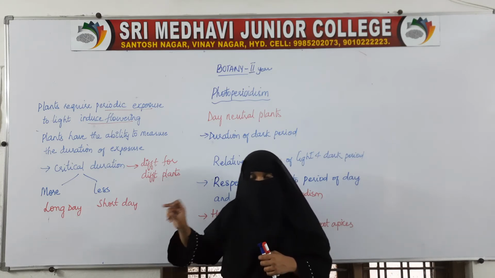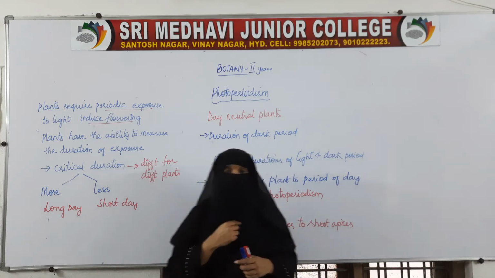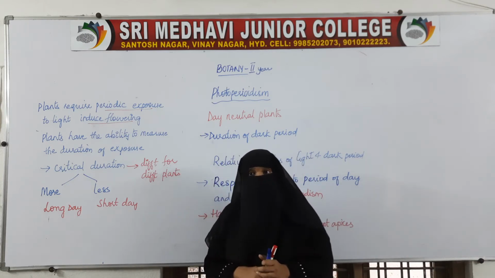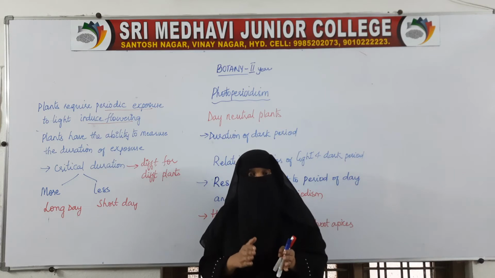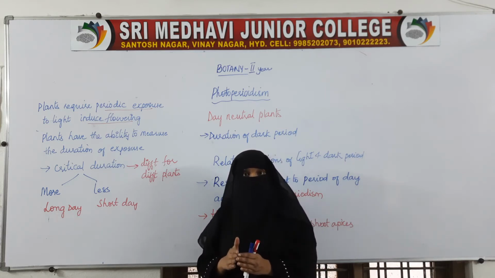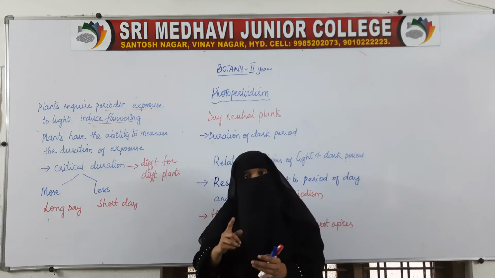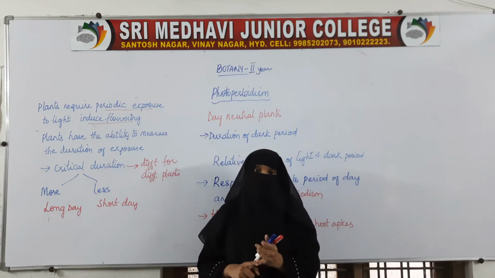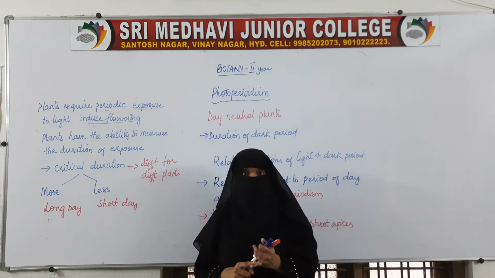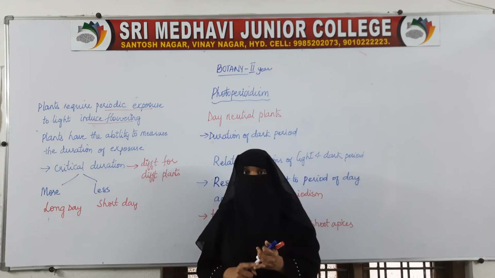For example, if 10 hours is the critical duration, then if the plants get the sunlight for more than 10 hours, only then will they produce flowers. If they get less than 10 hours, they will not produce flowers.